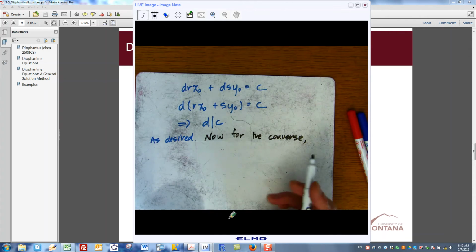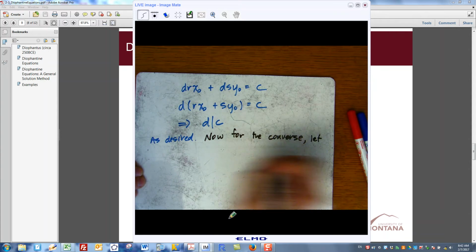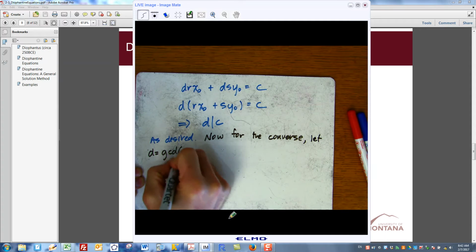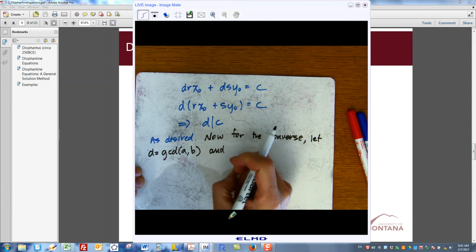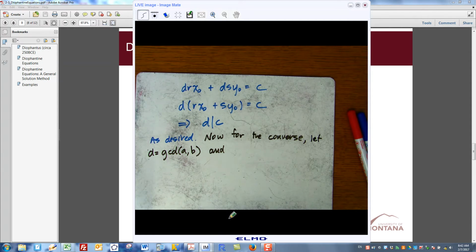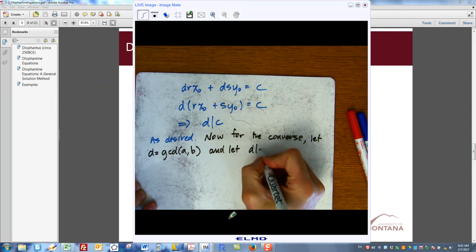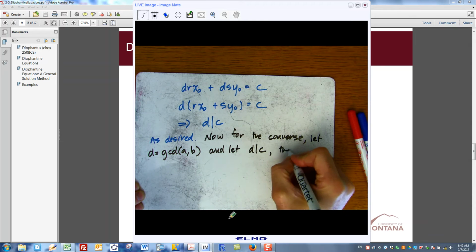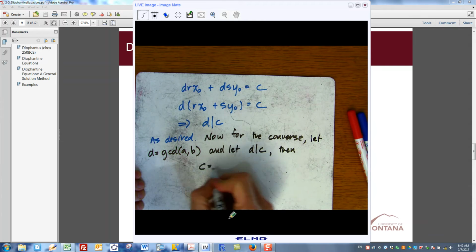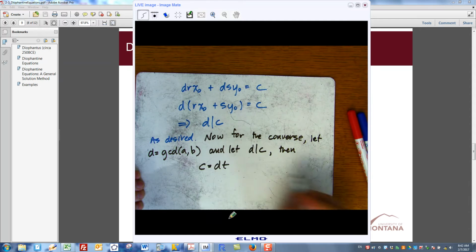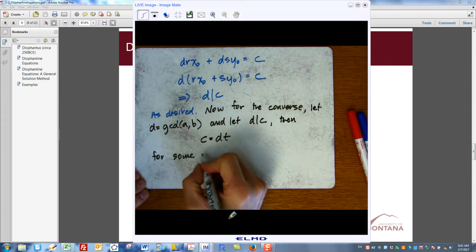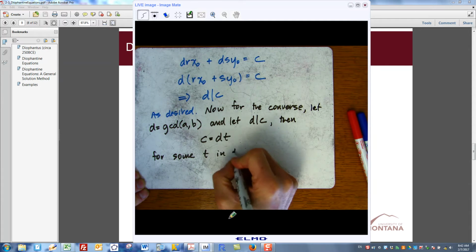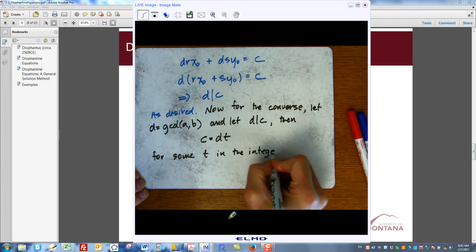Okay, so let's let d be equal to the GCD of a and b, and let d divide c. So then what can we say? Well, if d divides c, then c can be written as some multiple of d, right? So let's call it dt for some t in the integers, correct?